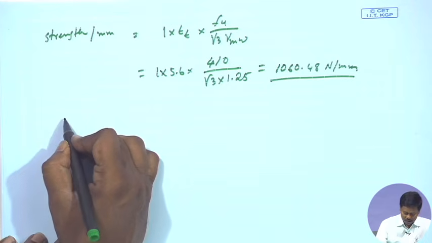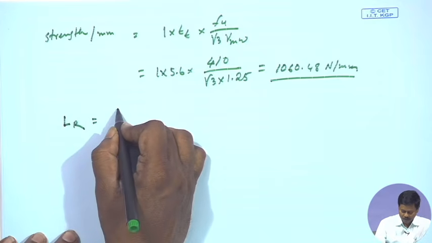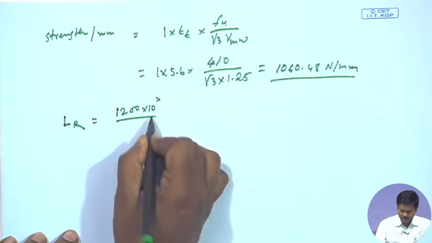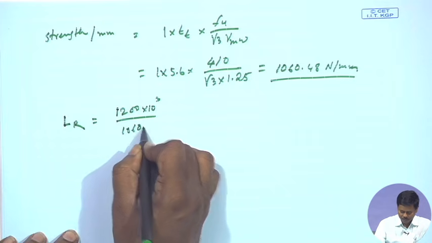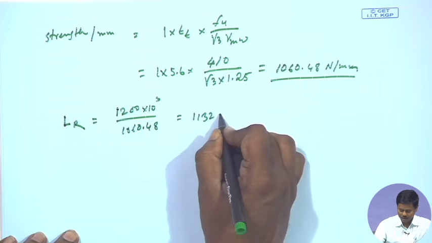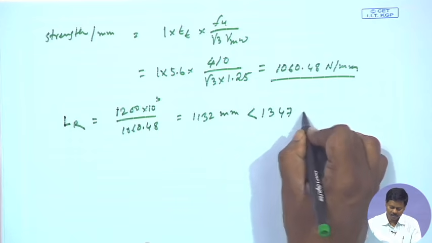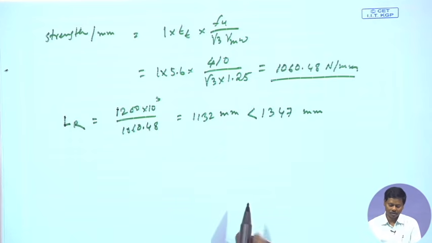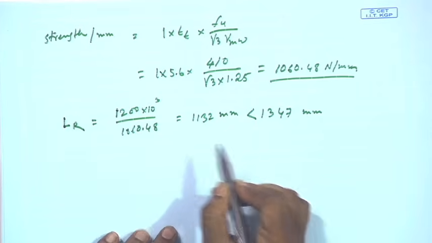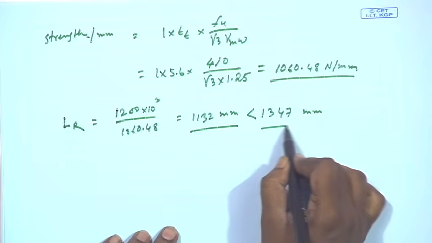So, the required length of weld will be load by strength of weld, so 1200 into 10 cube by 1060.48. So, the required length is 1132 mm, and the effective length available is 1347 millimeter. So, it is okay, because if we use 8 mm size of the weld, then the required length is 1132 millimeter, and we have available length 1347 millimeter.